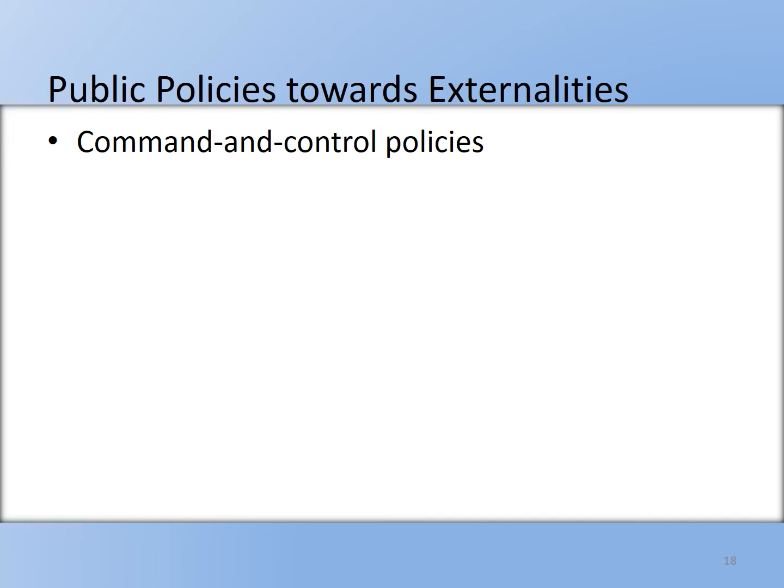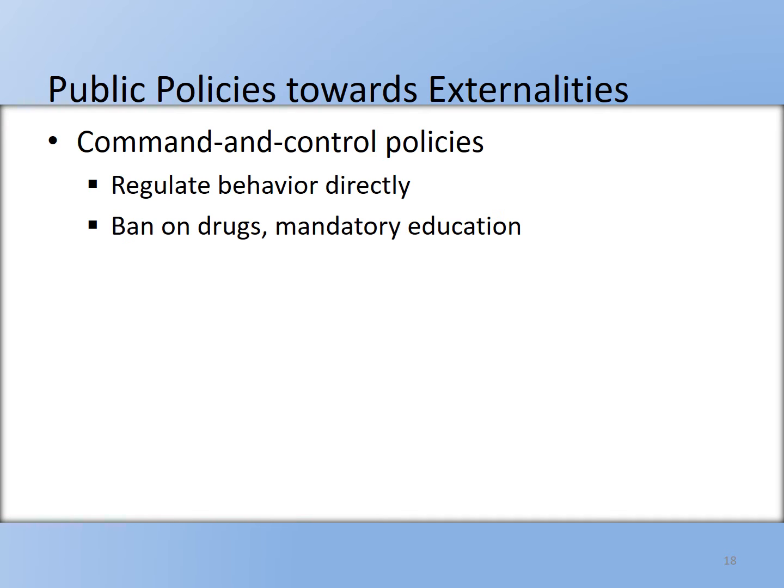So we can summarize what we have seen just now into two types. One is you can use a command and control type of policy. Ban drug sales. You regulate behavior directly. You mandate education, force people to go to school. This type of method is relatively simple, right? You just need a law.